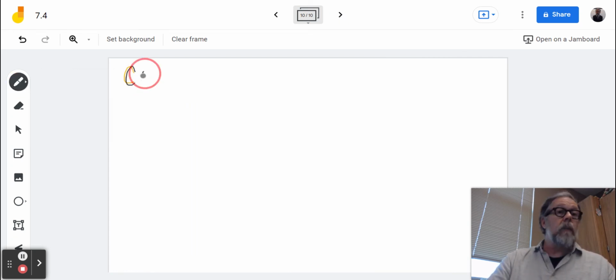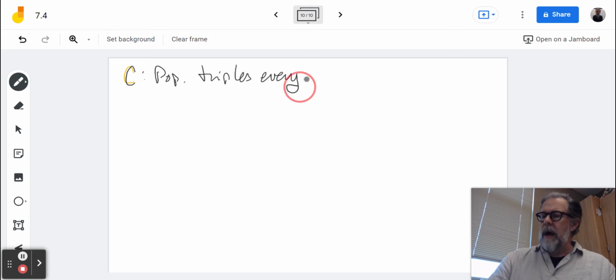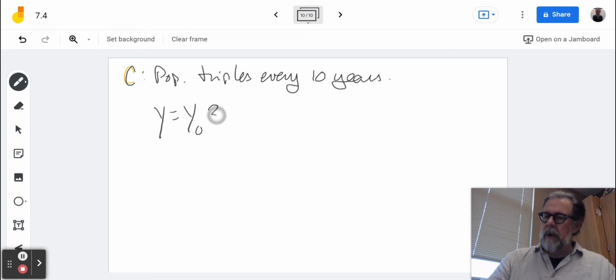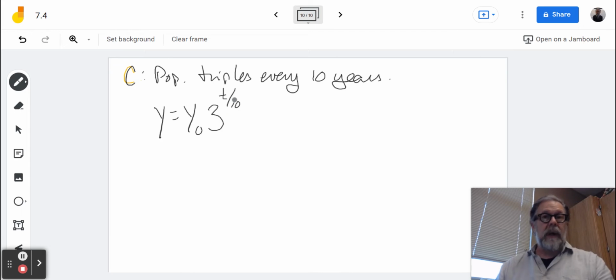All right, very quickly, one more. Population triples every 10 years. Because I am tripling in a certain amount of time, I can write my equation as triples every 10.